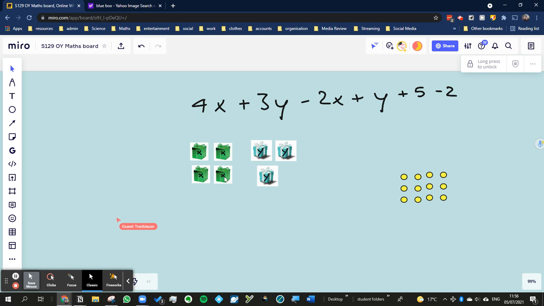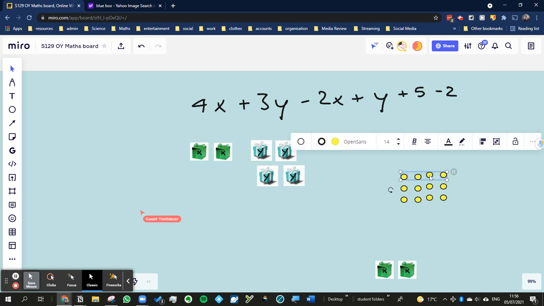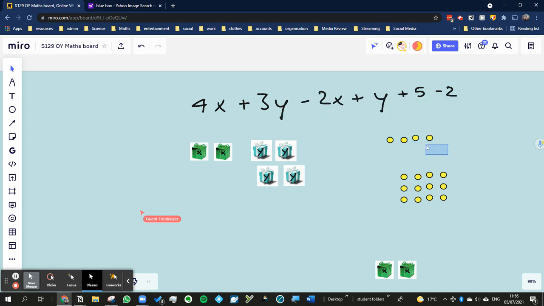Oh, okay, so we've got to take 1, 2. All right, and then it says add another y. Okay, so there's my y. Then it said add 5 circles. So add 5. There's 5. Now it says take away 2. Okay, so I need to take away 2.